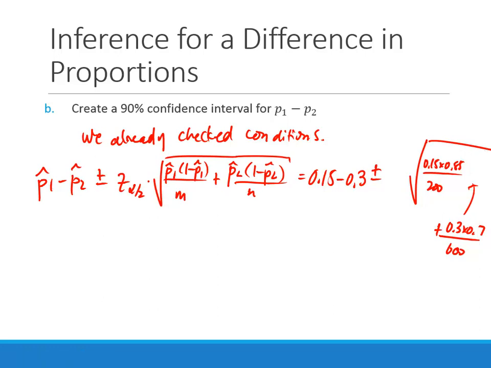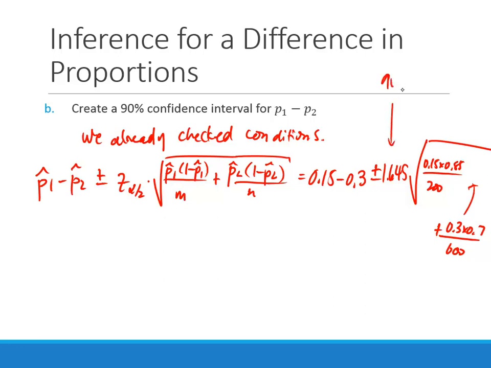And then if I want a 90% confidence interval, what's my Z alpha over 2? 1.64. Yep, 1.64. I think we might even put a 5 in there, but 1.64 would be fine as well.